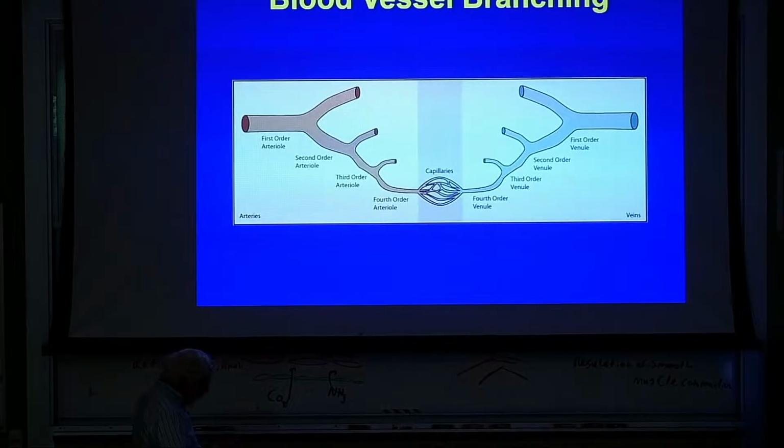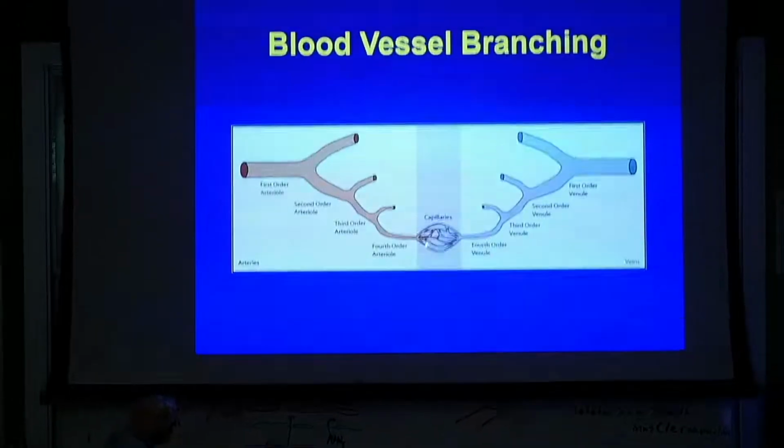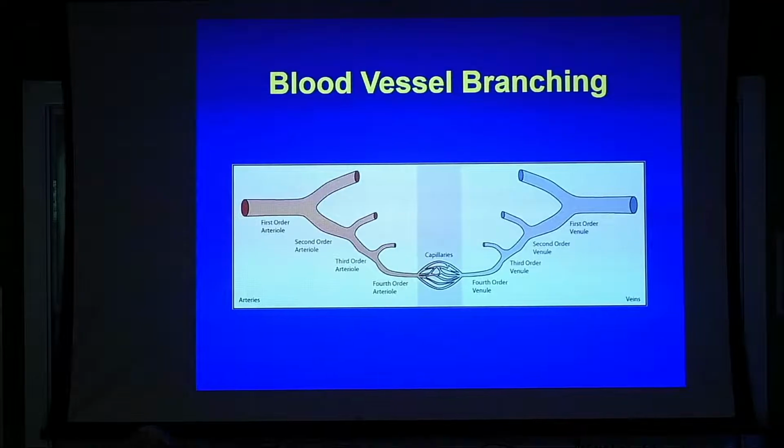So what they're trying to describe here is, and what I was trying to describe on the board so badly, is that we have these arterioles, and these will branch and branch and branch, which will then finally branch into the capillaries. All of these arterioles are surrounded by smooth muscle. So let's take, for example, smooth muscle around the fourth order and third order arterioles.